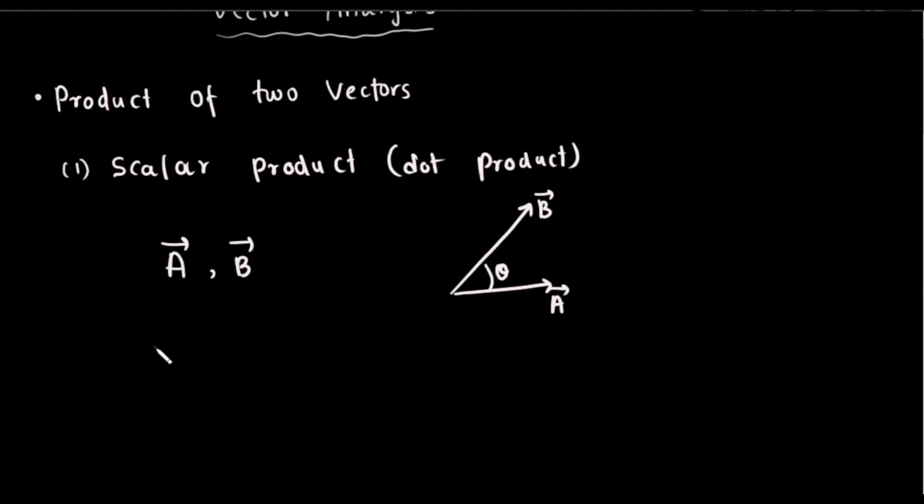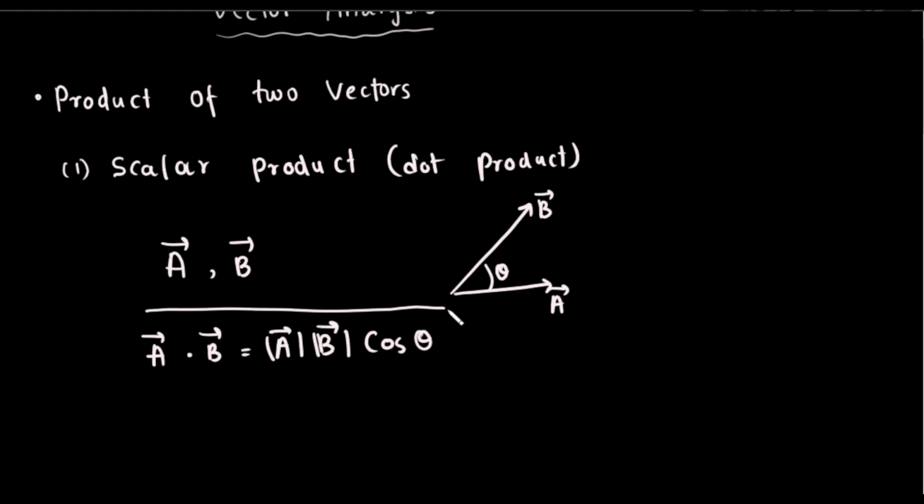The dot product between A and B is defined as A dot B equals the magnitude of A, times the magnitude of B, times cosine theta. That theta is the angle between these two vectors. This is the definition of the scalar product, or dot product.